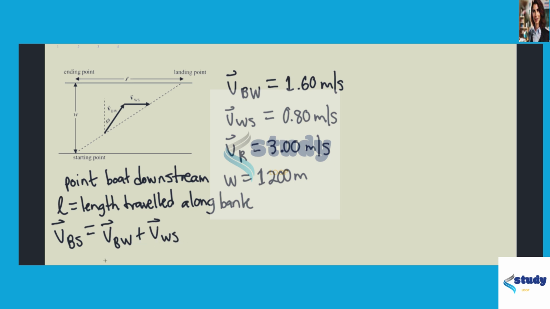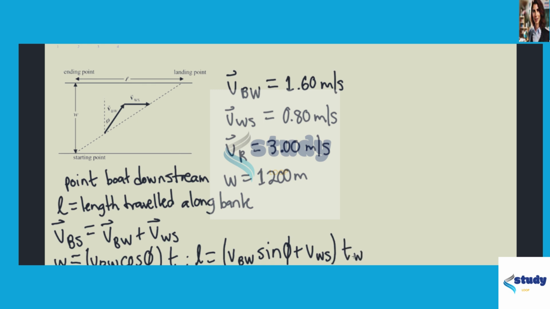So we can say that W is going to be equal to the velocity of the boat relative to the water times cosine of phi times t, and L in this case would be equal to the velocity of the boat relative to the water times sine of phi plus the velocity of the water relative to the shore times t sub w. And here we can say that L will be equal to v sub r t sub r.